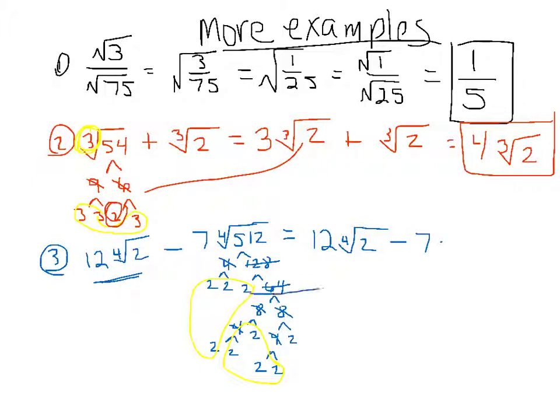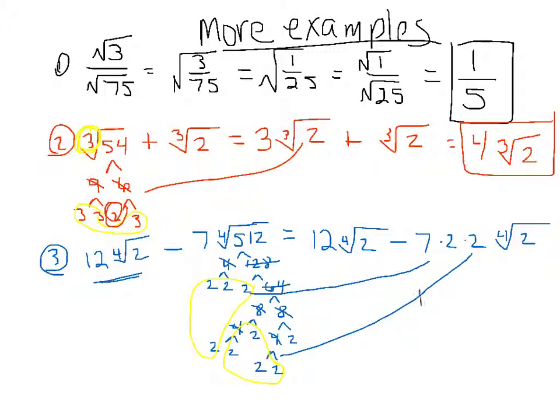We've got a group of 4 2s, another group of 4 2s. They just turn into a 1 when they come to the outside. And then I have the 4th root of a 2 because I have a 2 left over. So now we have the same index of 4, the same radicand of 2, so we're going to simplify.